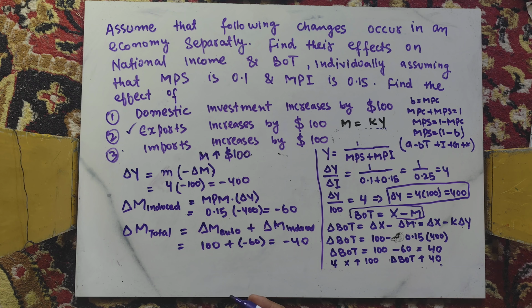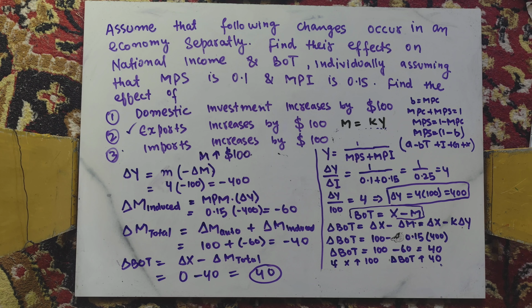Now the question asks us to find out the change in the balance of trade. The change in the balance of trade will be equal to the change in the exports minus the change in the imports, the total change in the imports. Since exports have not changed, it is 0 here, minus the total change in the imports, which is 40, so it becomes negative 40 here.